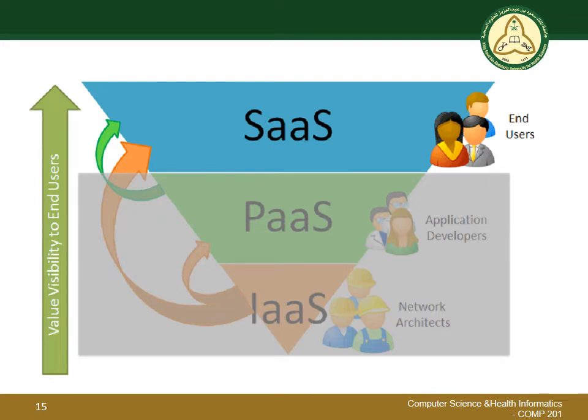Only those who work on platform as a service to develop applications can see it, right? The consumers don't see these kinds of services. Only the developers. Also for infrastructure as a service, they don't see it. Only the network architects can see and operate it, depending on the requirements of the end user.